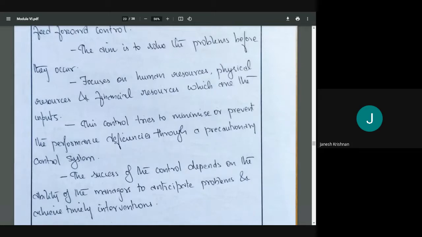So that becomes what you have anticipated: a problem, and you have put in a control mechanism. The problem has not arisen yet, but you have put in a control mechanism well before that, right? So it's your ability to foresee this that will help you in enforcing a good feed forward control system, right?